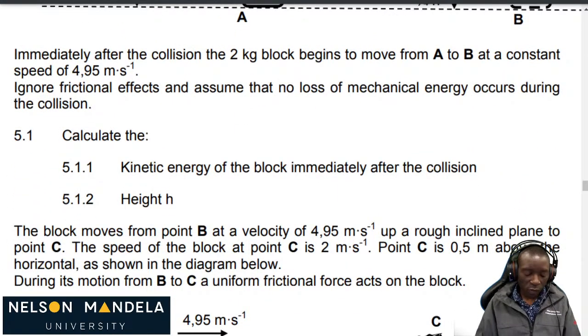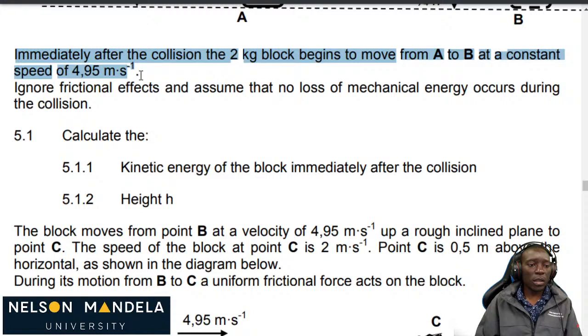So for 5.1.1, the kinetic energy of the block immediately after collision is given by this statement. It is in this statement there. That part gives us the answer. Immediately after the collision, the block moves from A to B at a constant speed of 4.95 meters per second. This is the velocity, which is responsible for the kinetic energy. So kinetic energy, we can use the letter EK.